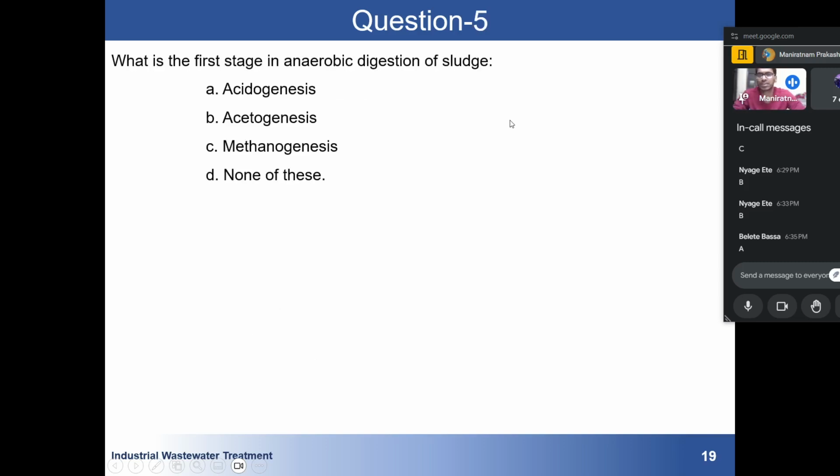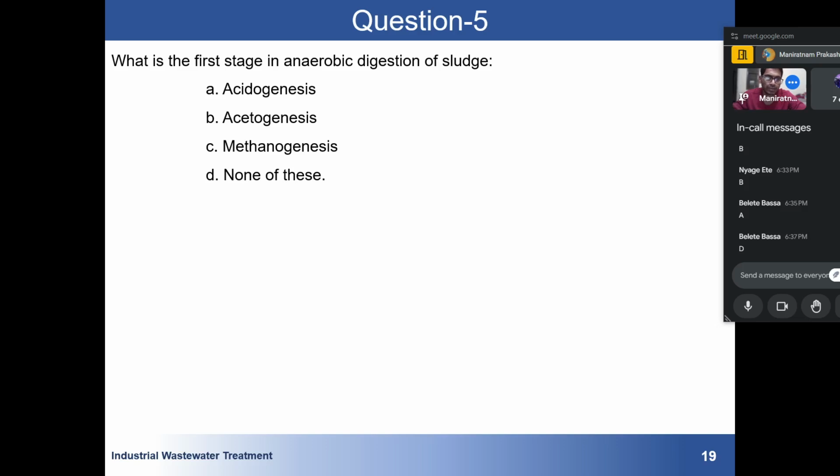What is the first stage in anaerobic digestion of sludge?